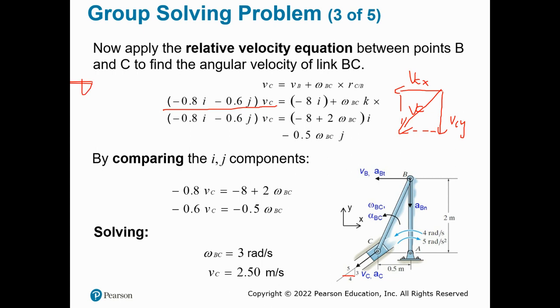So your v_Cx is going to be 4 out of that 5 of the entire v_C. That's where that negative 0.8 comes from. And since it's going toward the left, you have negative.